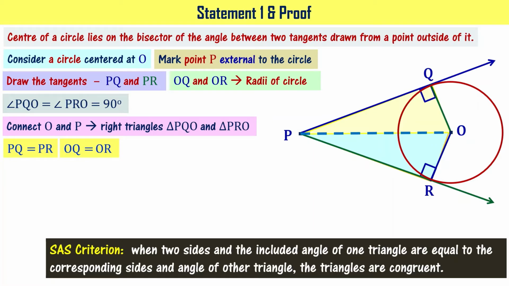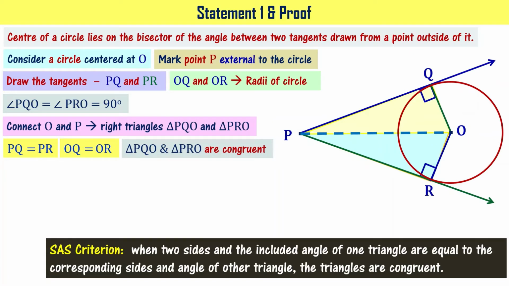Similarly, if you consider the other triangle, triangle PRO, the sides including the right angle are PR and OR, right? PQ equal to PR and OQ equal to OR. And the angles are also equal, right? 90 degrees. So it means that triangle PQO and triangle PRO are congruent triangles, right?